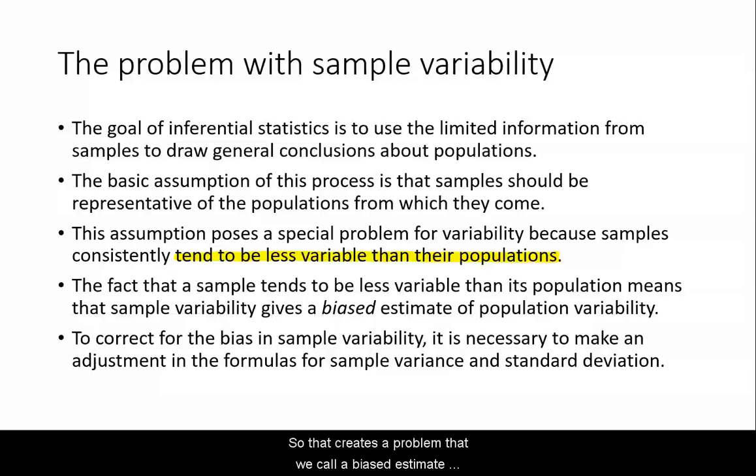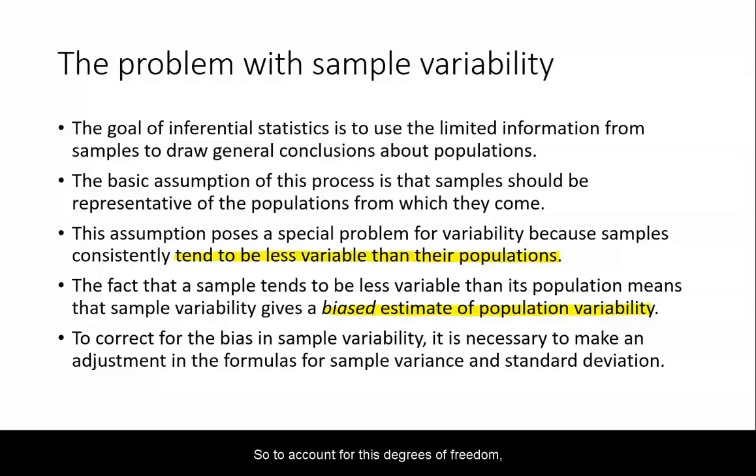So that creates a problem that we call a biased estimate of population variability. Because see, with these sample formulas, what we're really doing is trying to estimate what the population would look like, because we rarely actually have population data. So we want to use these samples to estimate that. And because those samples are biased, the estimate tends to be off.